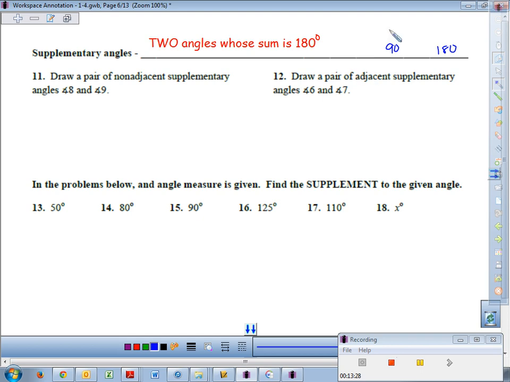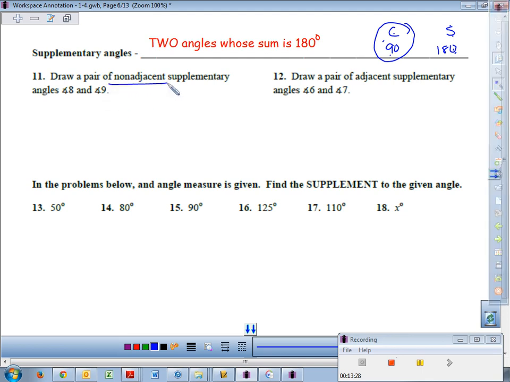They match up. Complementary goes with 90. Supplementary goes with 180. Complementary comes before supplementary in alphabetical order. 90 comes before 180 in numerical order. So I just realized, oh, well, complementary and 90 come first. They go together. Supplementary and 180 go second. They go together. Does that kind of make sense to you?